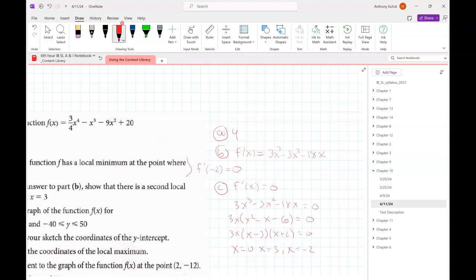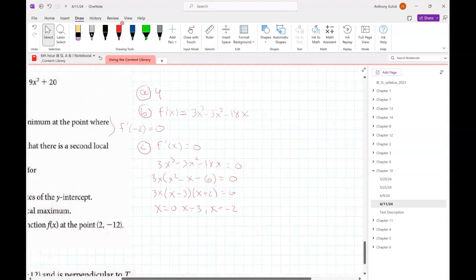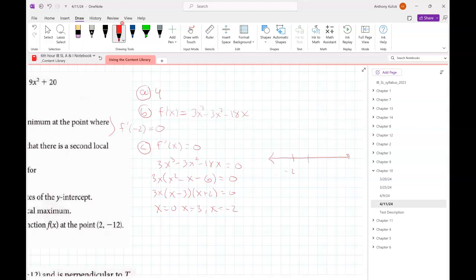So those are my stationary points. So I'm going to pick a test value here on either side of 3. Now, I don't care about what's happening elsewhere because it doesn't ask us, just says show that 3 is a minimum also.